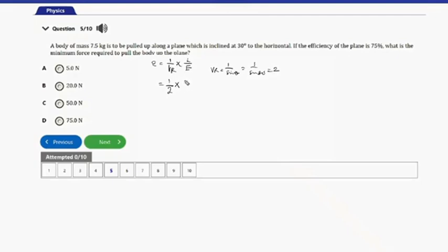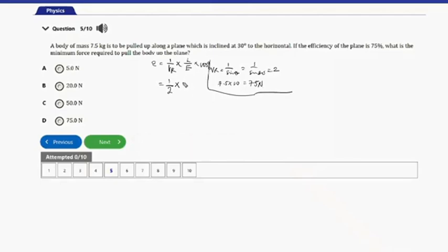So guys, here the load here is actually from the mass 7.5 kg, and this mass times the acceleration due to gravity, which is 10 meter per second squared, will give us 75 newtons. So we have the load at 75 newtons here.